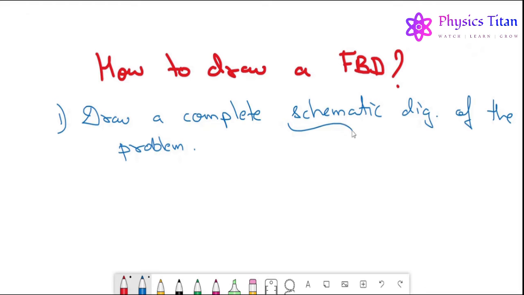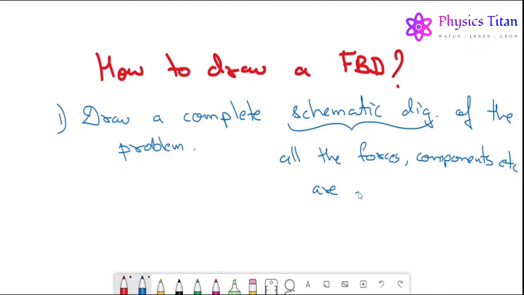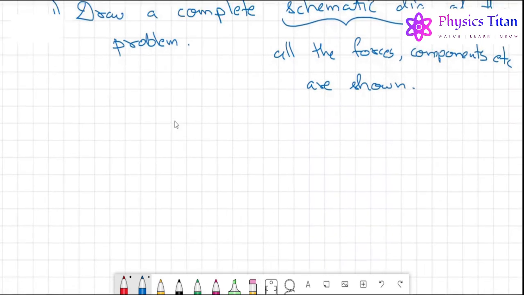What is a schematic diagram? In which all the forces, components, etc. are shown. Components like hinges, supports, etc. So everything will be shown in this diagram.